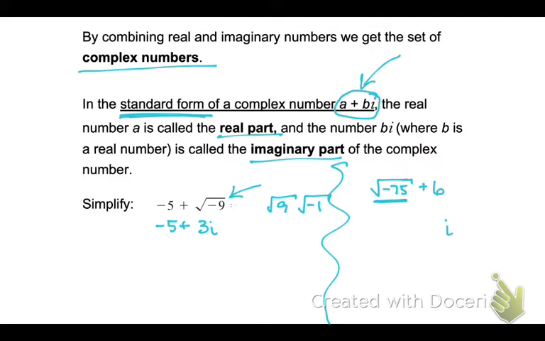So I got I. What's the square root of 75? Does that have a perfect square? No, but it has a perfect square in it, doesn't it? 25 and 3. So it would be the square root of 3. So 5 square root of 3, I.